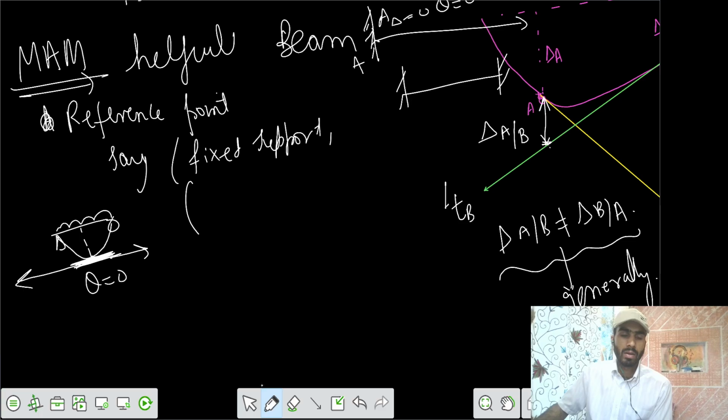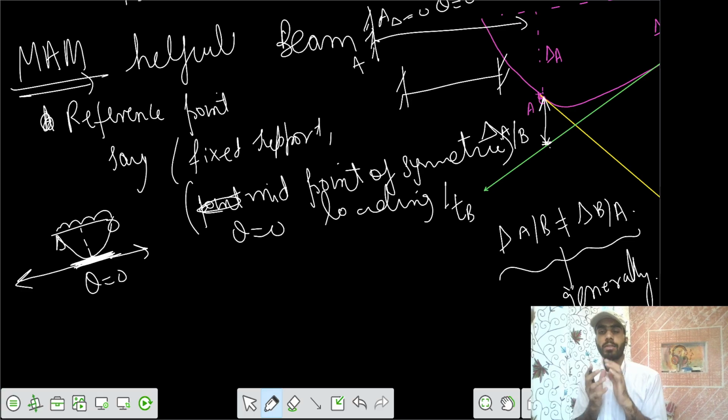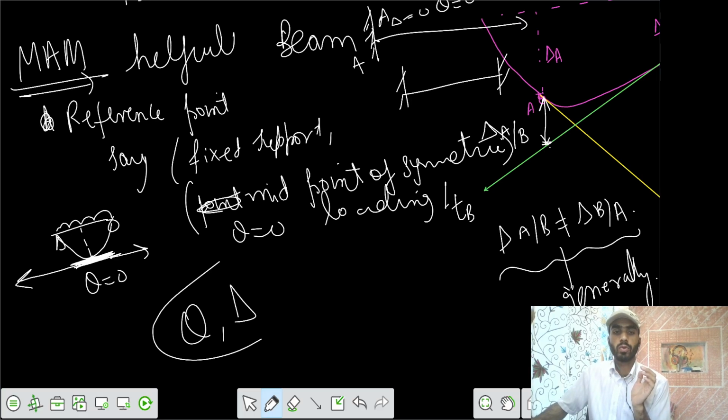That point is the midpoint of a symmetric loading beam, where theta is 0. So the conclusion is that the reference point should be the point where theta or delta is known to us. Then accordingly we can get the value of theta B and that delta.